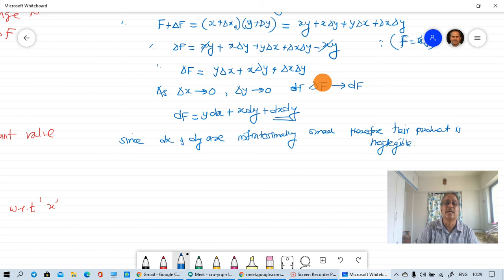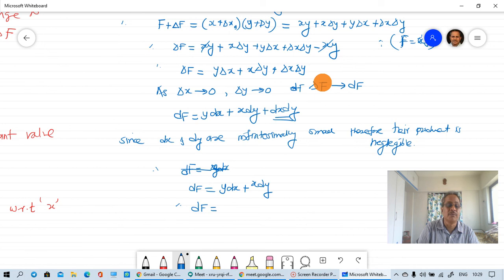What remains is df is equal to y into dx plus x into dy.